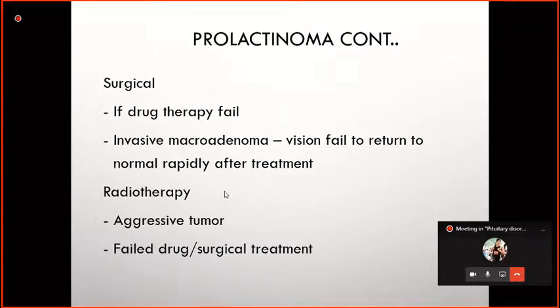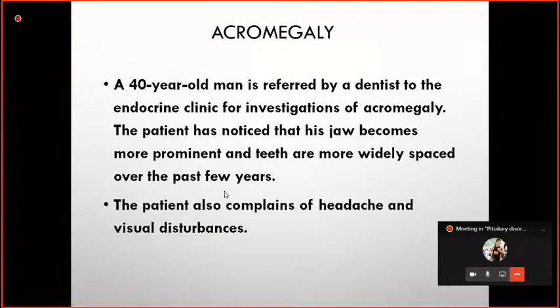You can do surgical therapy if there is an adenoma and if the drug fails, if it is removable depending on the size. Most of the time, drug therapy can shrink the size of the tumor. And radiotherapy.